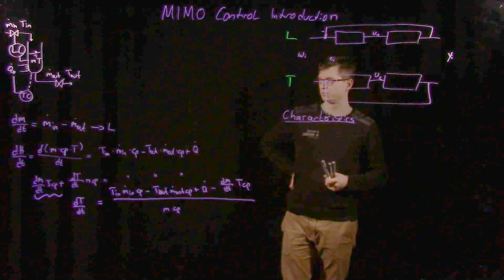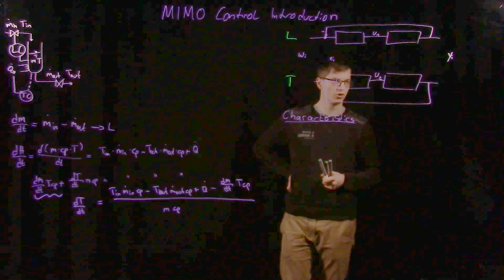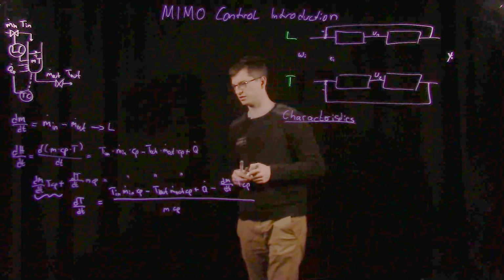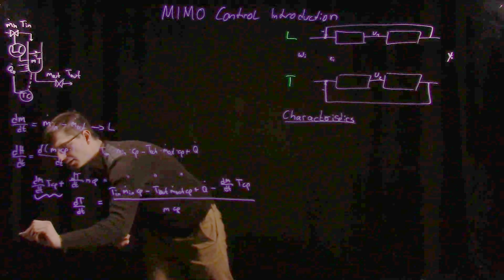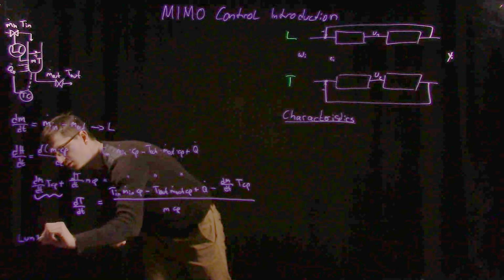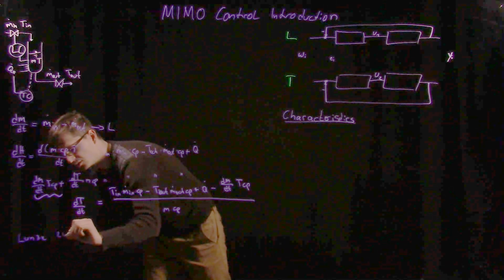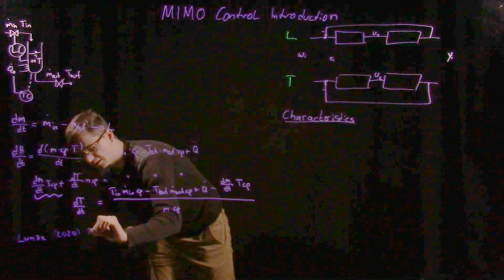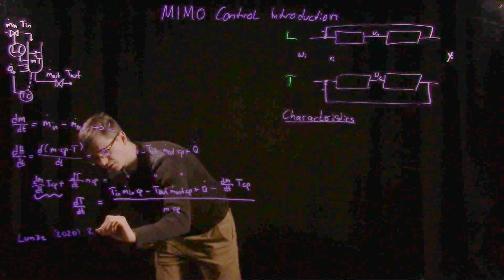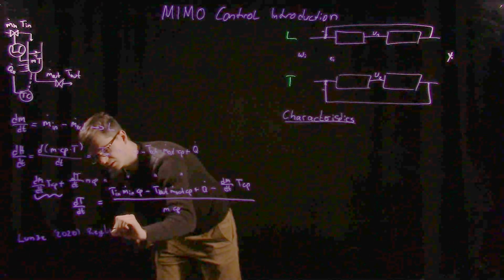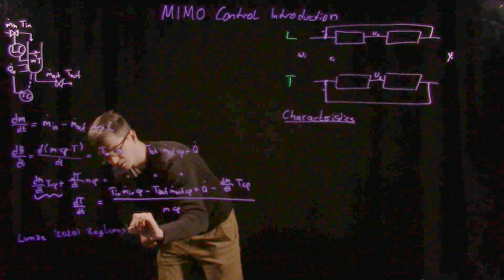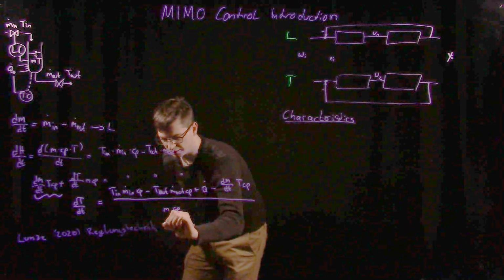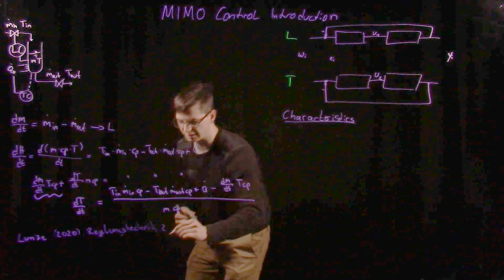For this problem, you could find more examples in the literature. For instance, at Lunze 2020, who did Regelungstechnik, also control technology. And there you would choose the second book.